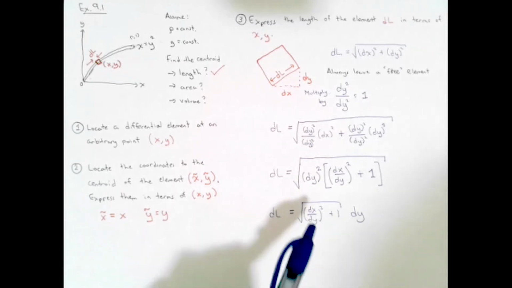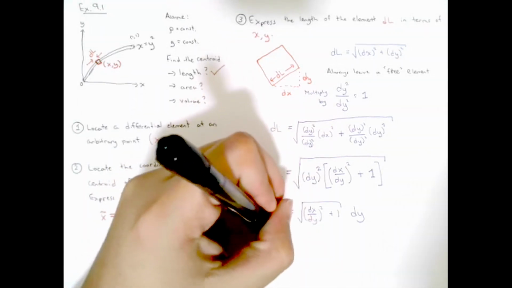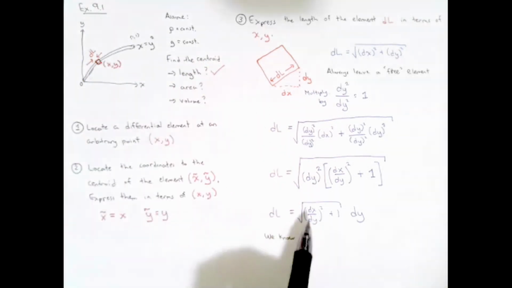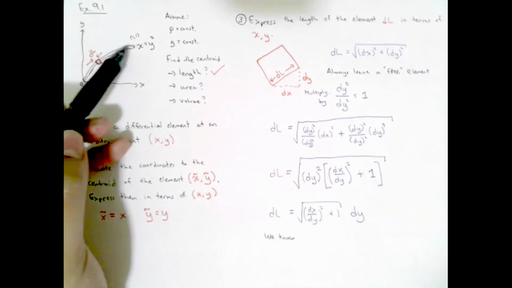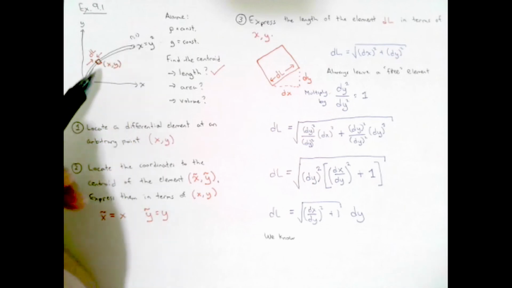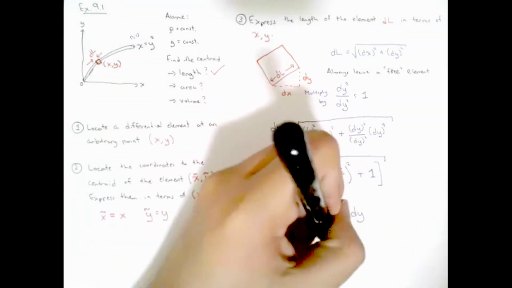So we still need to get rid of these terms. However, now we can use just simple calculus to get rid of them, right? So we know that there's a relationship between dx and dy, right? Because we know here that in this rod, which is essentially our length element L, x equals y squared.